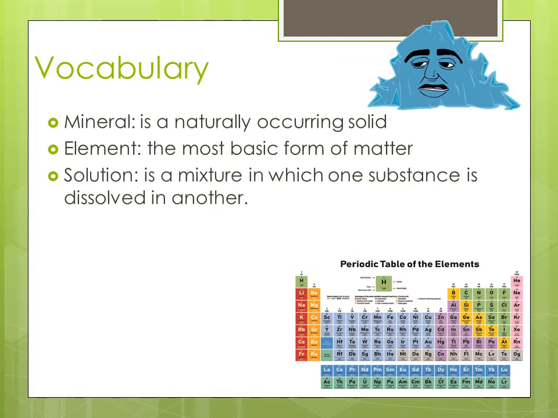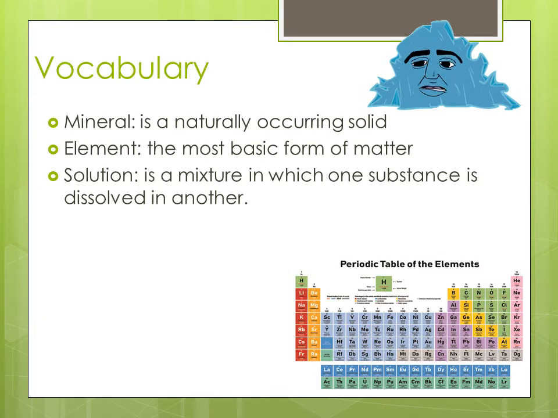Next, a solution is a mixture in which one substance is dissolved in another. This means that one substance is broken down into another. My best example I can provide is if you buy, let's say, a coffee and you add sugar to it. All right?